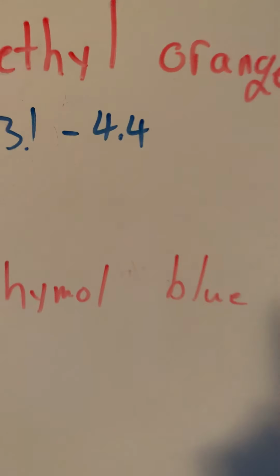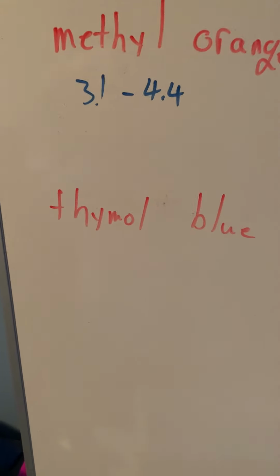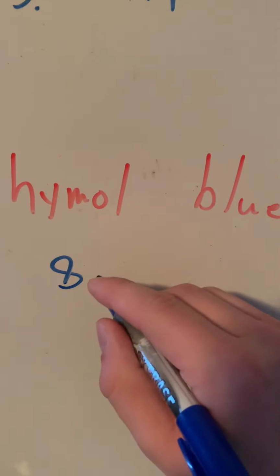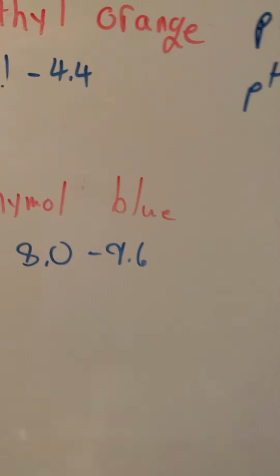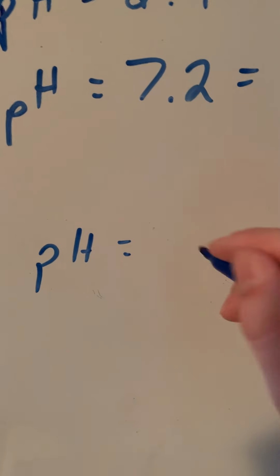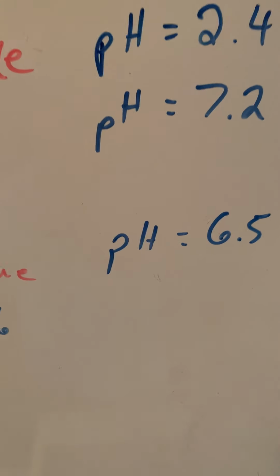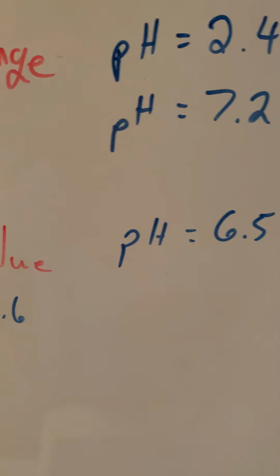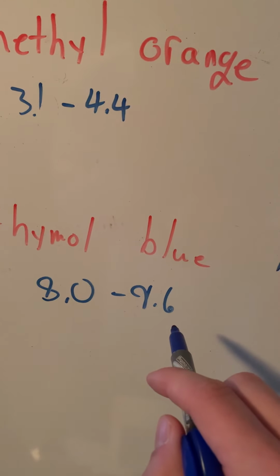For thymol blue, I picked one on the complete opposite end of the spectrum here. It changes from 8.0 to 9.6. So if I have a solution where the pH is, let's say, 6.5, now I look, thymol blue goes from yellow on this end to blue on this end.